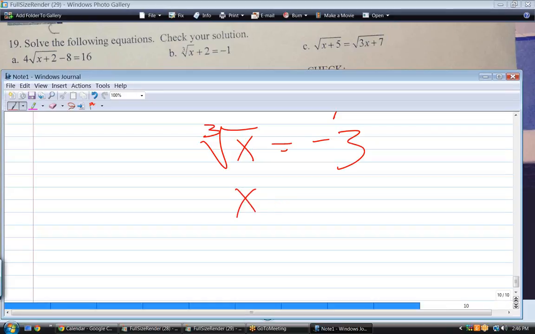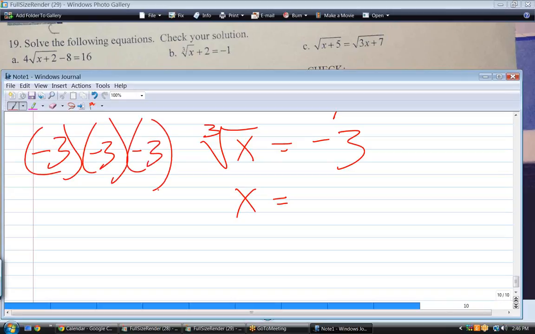x equals minus 3 times minus 3 times minus 3. Negative 27. Good. Oh, positive. No, you were correct the first time. Oh, yeah.